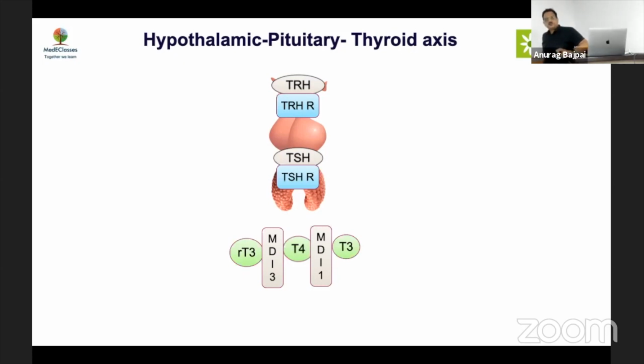The fetal period? Yes, and illnesses and sickness. So in those situations, you will have much more MDI3, your reverse T3 will be much higher, and your total T3 will be lower. The body is trying to go into a shell. When you are faced with an acute problem like a corona crisis, all you want to do is survive. You want to just go into the shell.